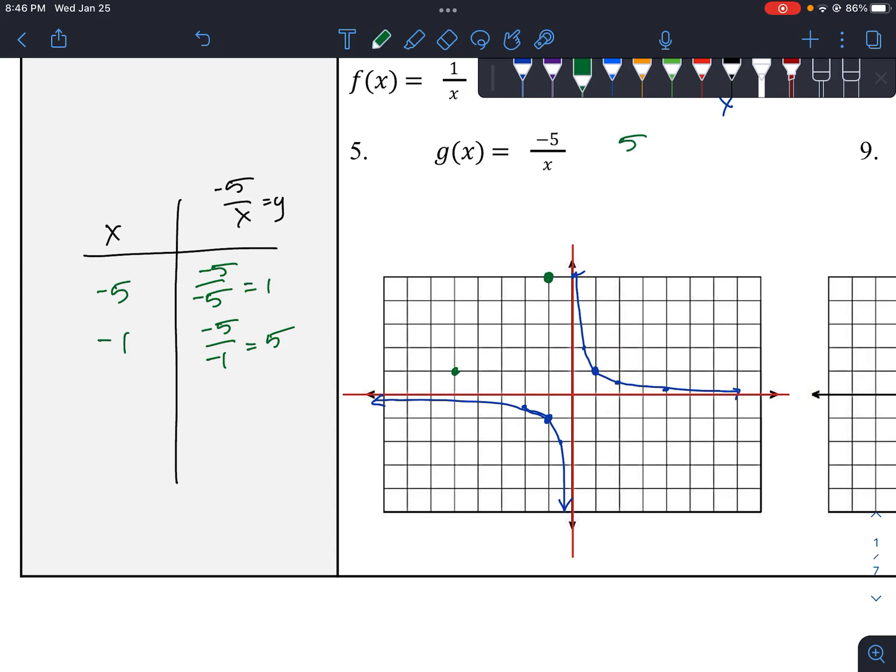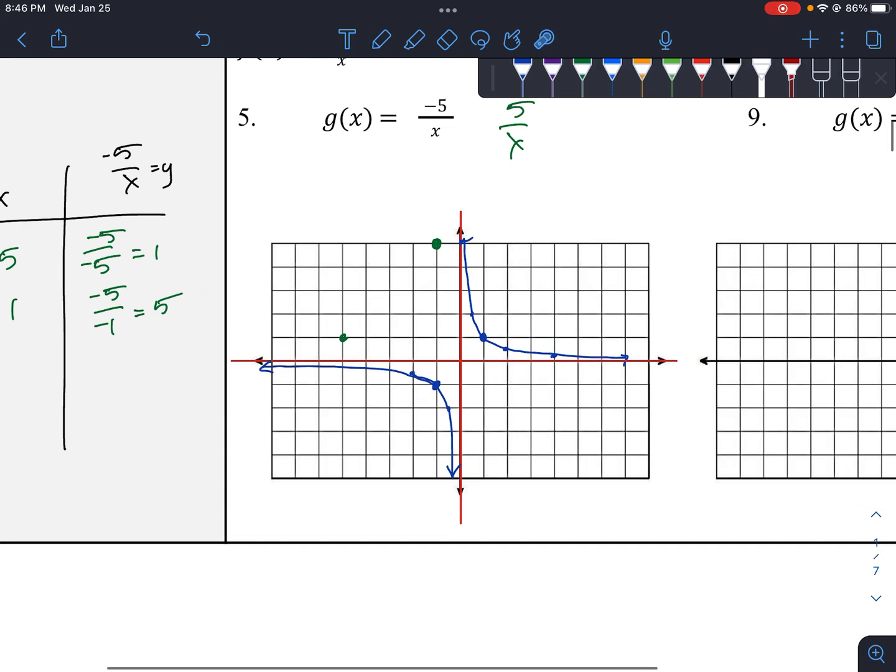So had this been 5 over x, my branches would have remained in these two quadrants, but now that it's negative 5 over x, they're going to be in these two quadrants because of a reflection that's happening in the x-axis. Okay, so since this point was over 1 up 5, I'm going to reflect that over this line right there. So there's going to be a point right 1 and down 5, right 5 and down 1. 1, 2, 3, 4, 5 and down 1.